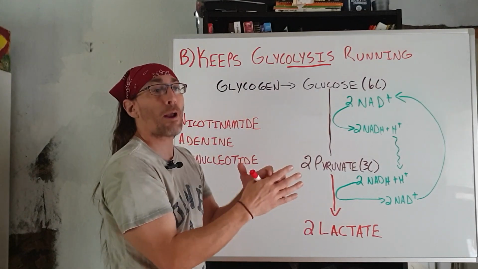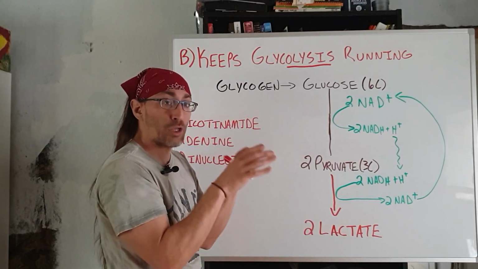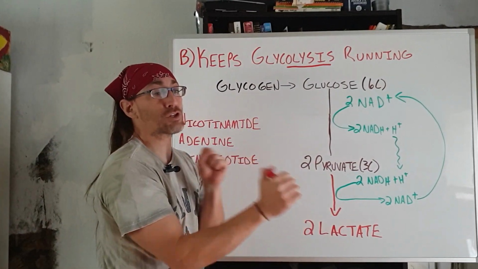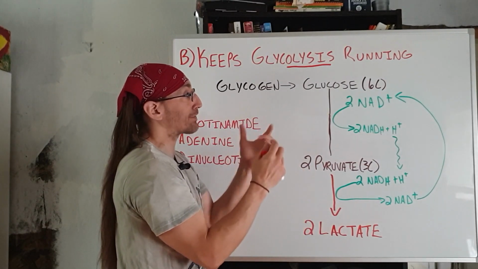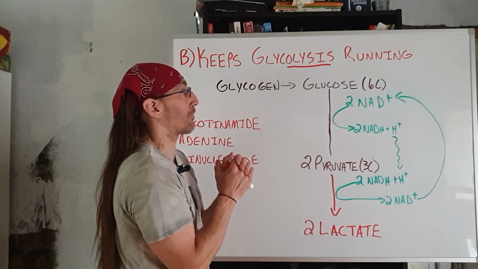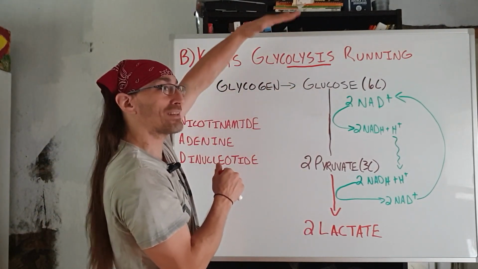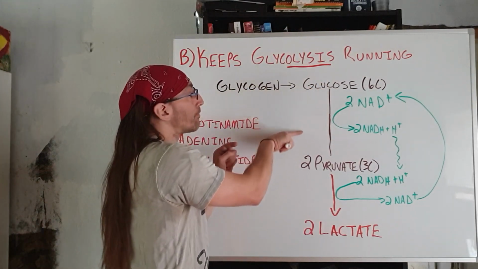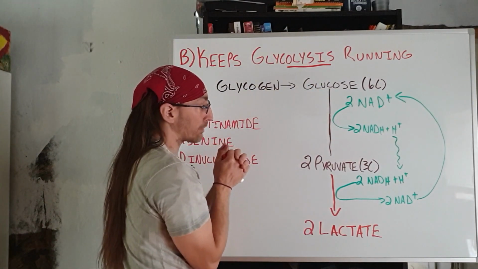It's something I'll go into in depth. But for now, what you're going to have to just accept is this very rudimentary drawing, and know that glucose, through a series of steps, is going to become 2 pyruvate.